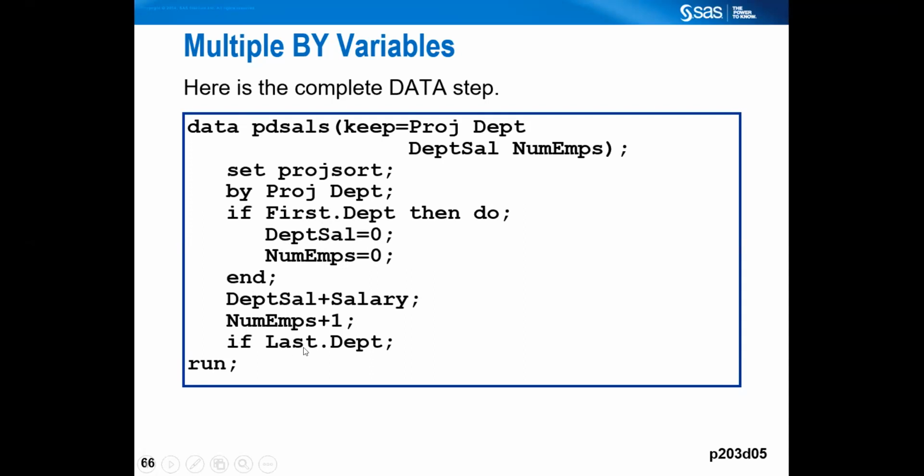And you are going to select only the last observation within the department. Look at the code carefully. So here there are two accumulating variables. Yes, because as per the requirement, we also wanted the number of employees, right? Yeah.